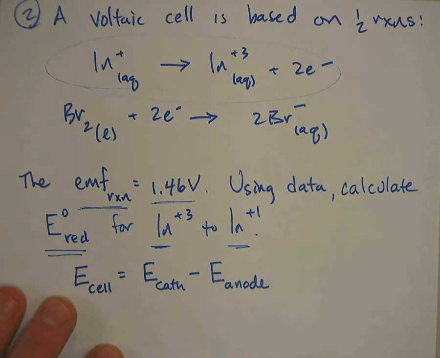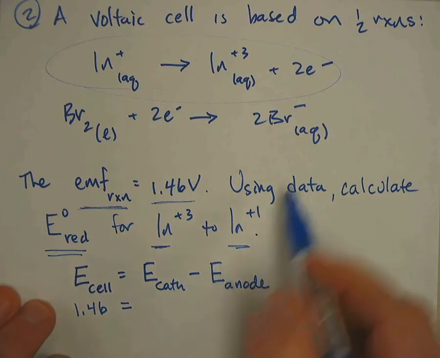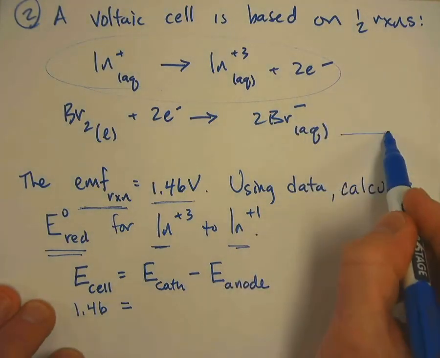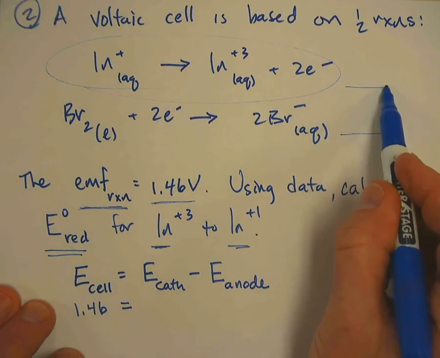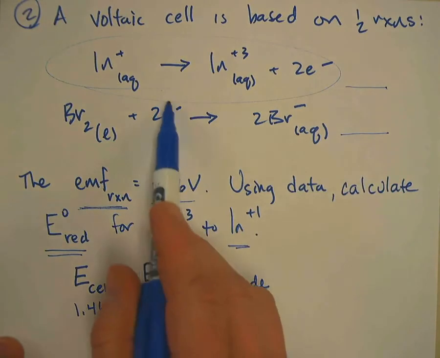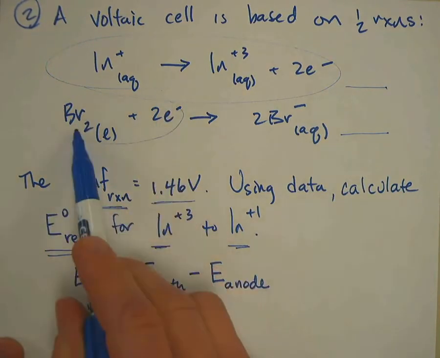And if we know that the total for the cell is a difference of 1.46, then we can plop in the value for bromine right here that we can look up and solve for what indium is, okay?